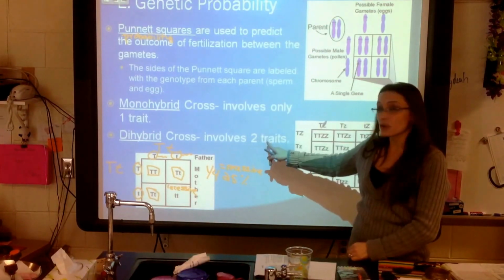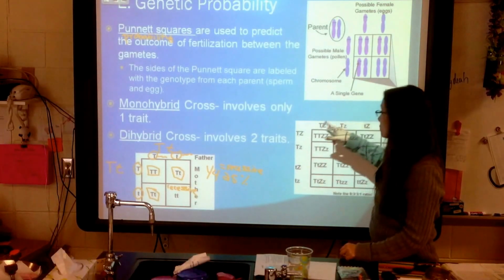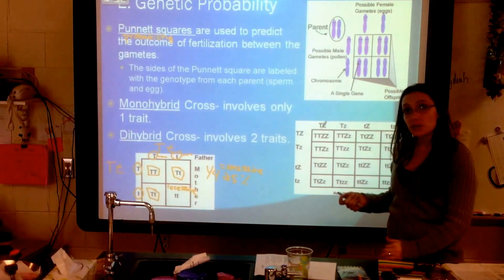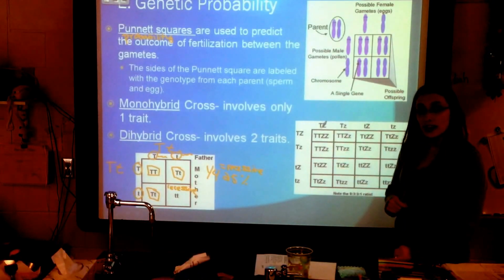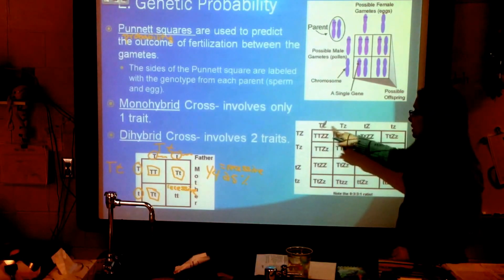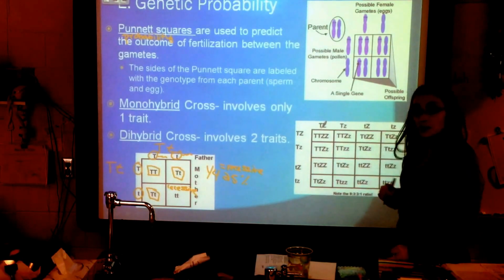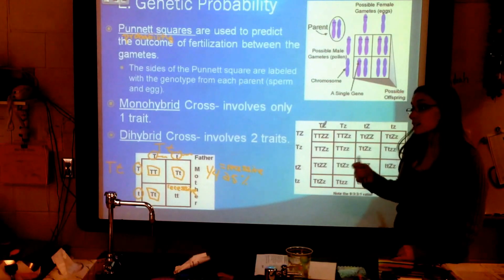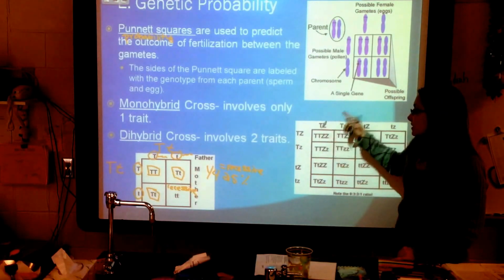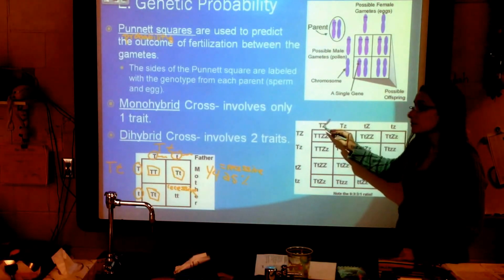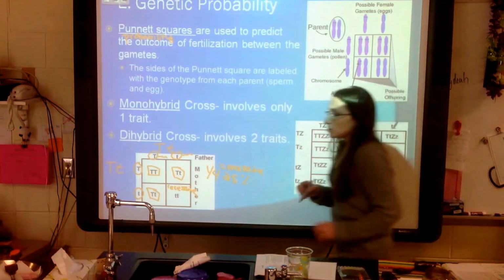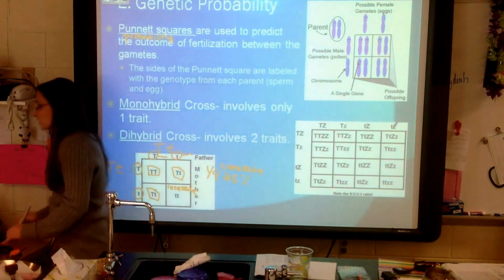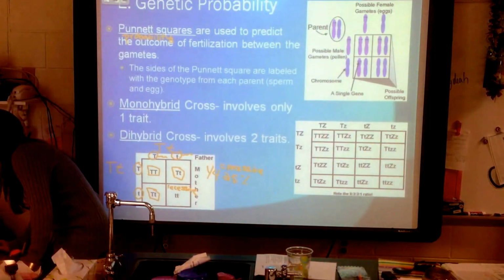Those are 2 traits, and I can predict what would happen if I had both. But you see, we have to actually use a very different setup because we have to predict how often they would combine in the gametes or the sex cells. So we might have a sex cell that has 2 dominant or a sex cell that has 2 recessives. So this is actually where we're going to stop with the notes for tonight.